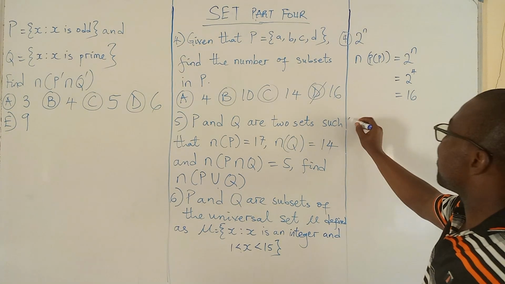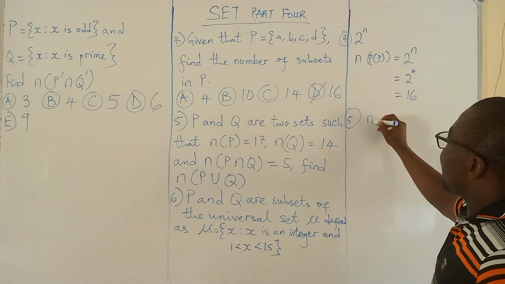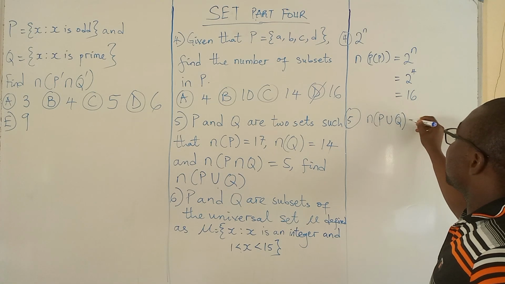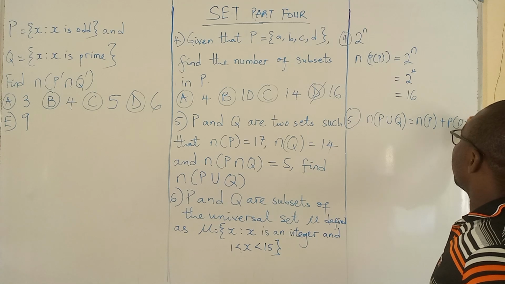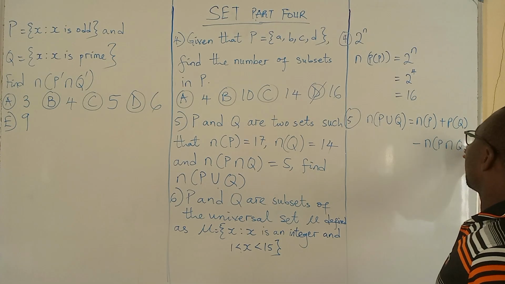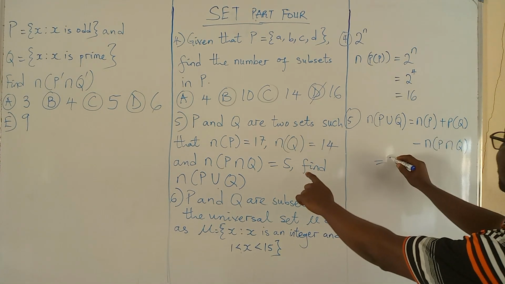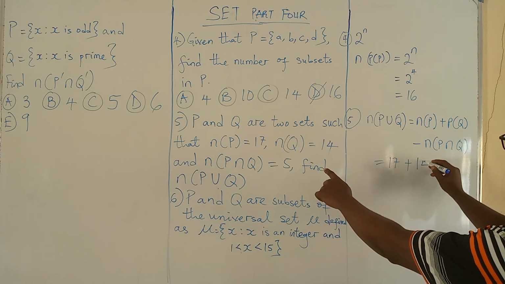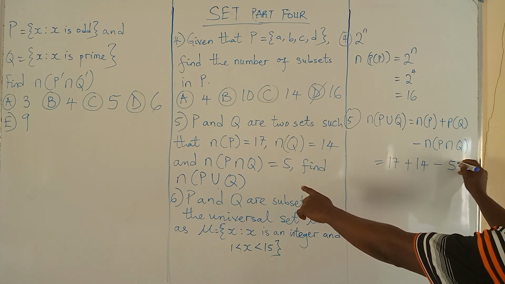So question number 5: the cardinality of P union Q is simply equal to the cardinality of P plus the cardinality of Q minus the cardinality of P intersection Q. And so the cardinality of P is 17 plus the cardinality of Q is 14 minus the cardinality of their intersection, that is minus 5.